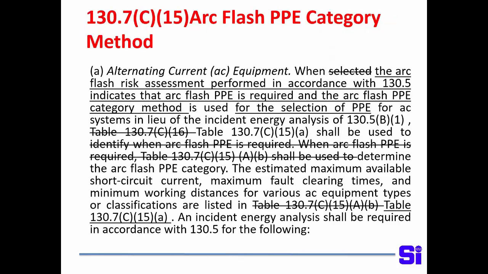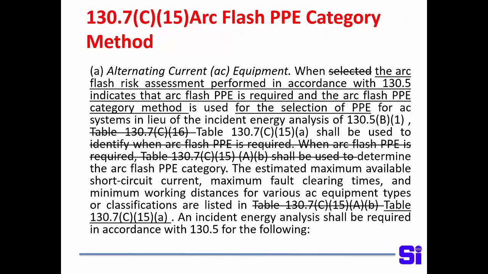130.7(C)(15), arc flash PPE category method. When the arc flash risk assessment performed in accordance with 130.5 indicates that arc flash PPE is required, and the arc flash PPE category method is used for selection of PPE, then you've got to use the tables. That's what they're saying.